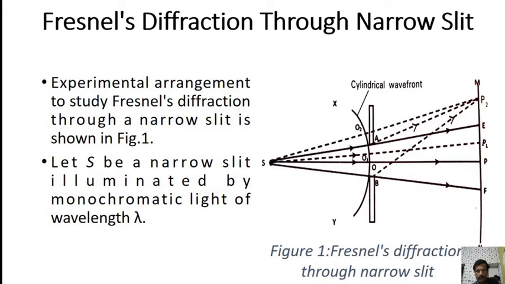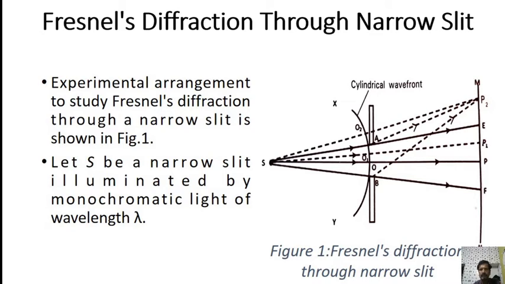So here you have to observe the slit AB, cylindrical wavefront, screen, and S the source. Let S be a narrow slit illuminated by monochromatic light of wavelength lambda. As I have already told, monochromatic means single color, in specific a particular wavelength represented by lambda.